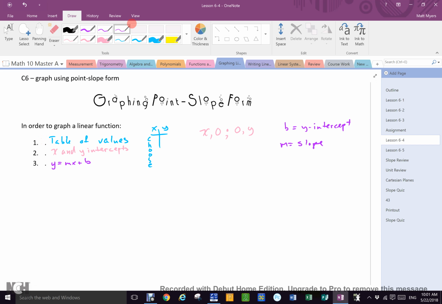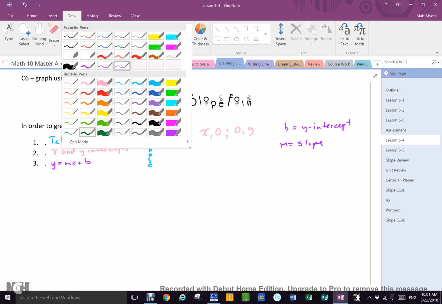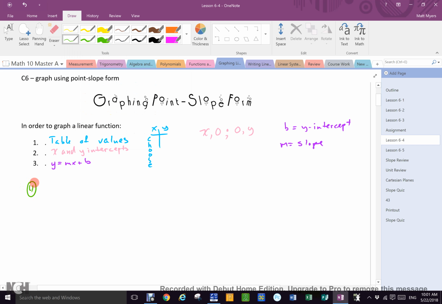The fourth method, the number 4, is the point, what we have here, point slope form. And point slope form uses any point, not just an intercept.